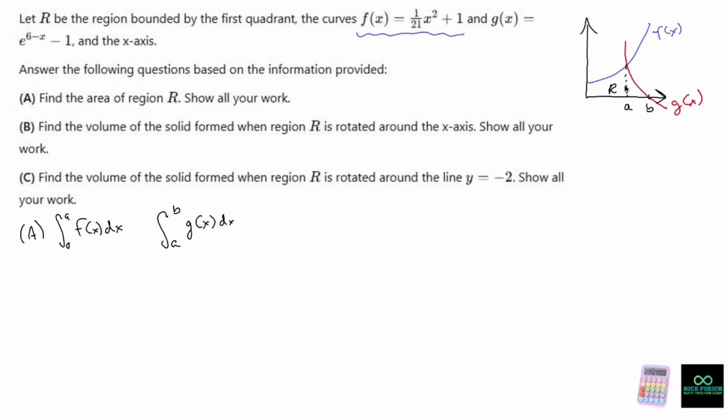If I add this chunk and that chunk, I get all of R, and that gets me the answer to part A. So I'm going to run to my calculator. I need to find A, I need to find B. Once I find those, I'm going to integrate them in my calculator and add those guys up and see what happens. So we're going to do all of this all at once.